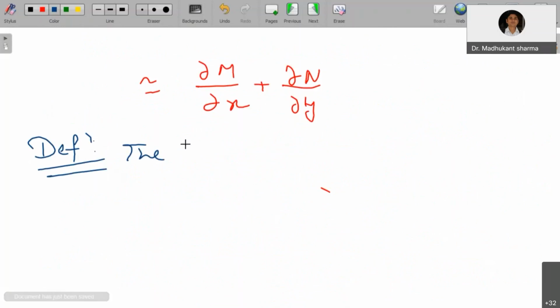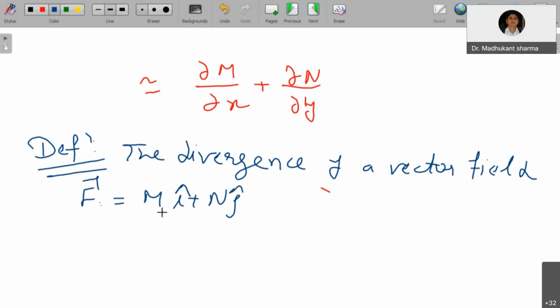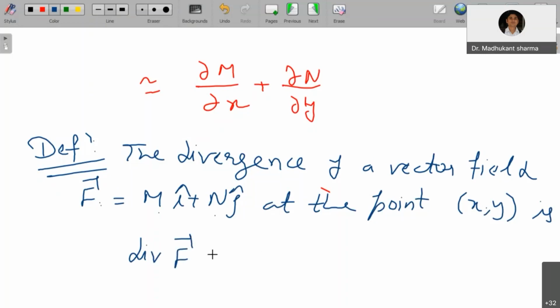The divergence of a vector field F equals m i plus n j, where F is a function of x comma y and the components m and n are also functions of x comma y, at the point x comma y is defined as divergence of F equals dou m by dou x plus dou n by dou y.